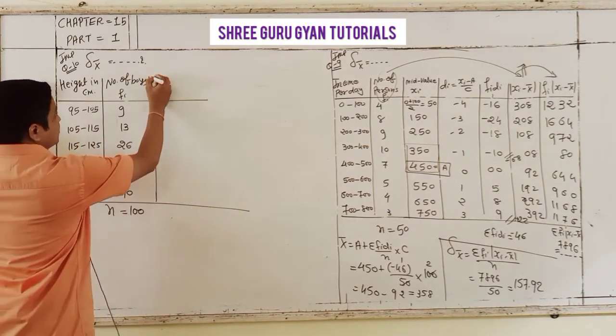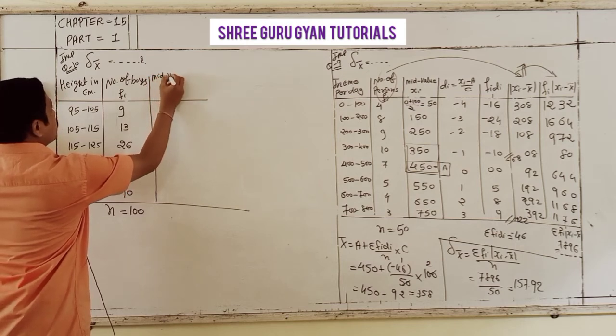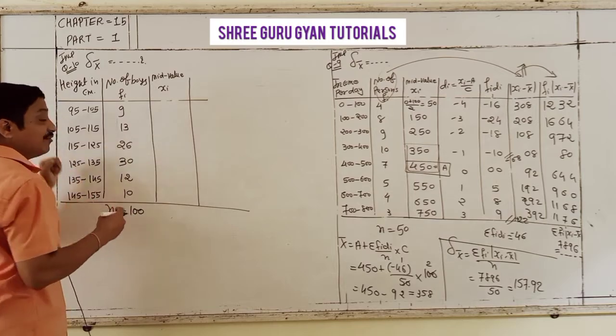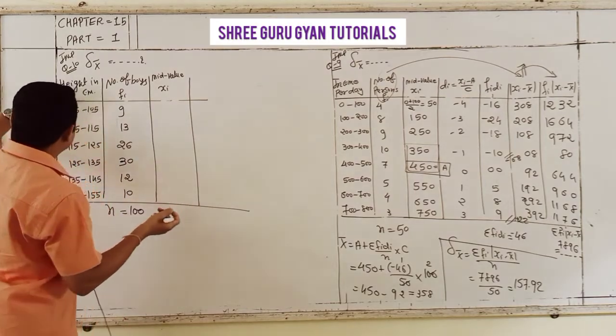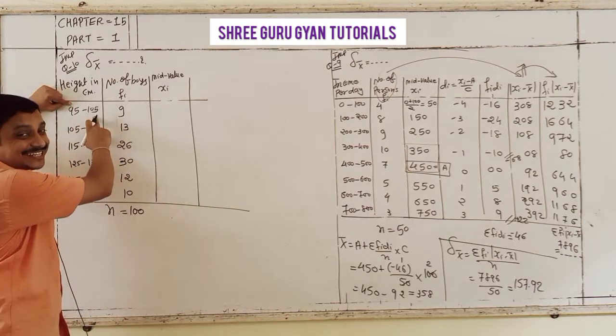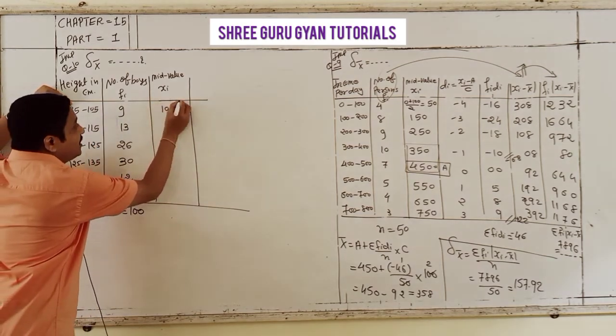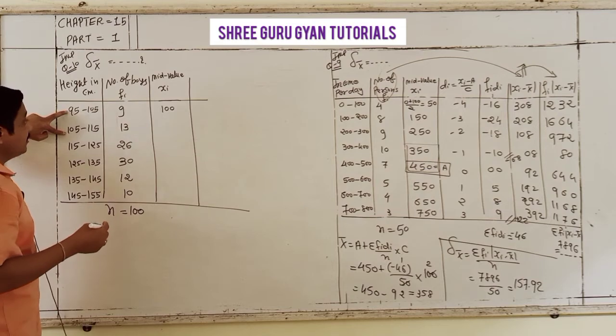Here first we start with the mid value, which is xi, and the mid value is defined very easily and quickly. Students, these are 95 and 105, sum 200 divided by 2, which is 100. Very easy. Now how much is the increment?